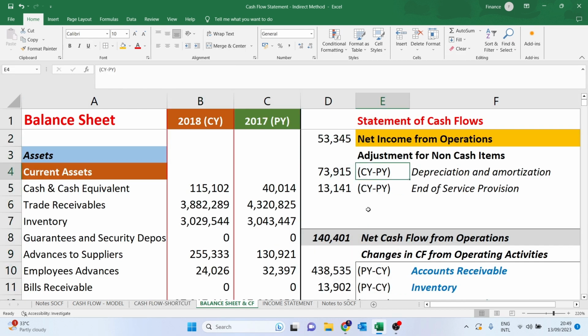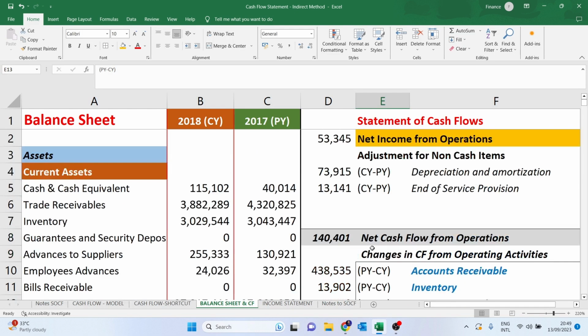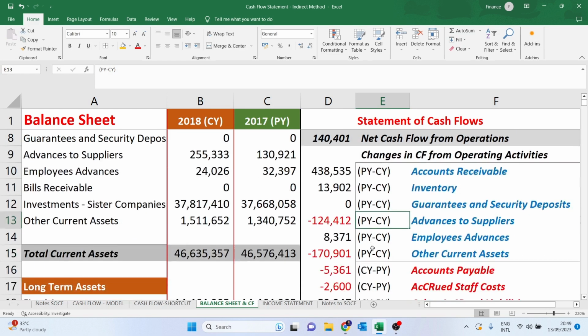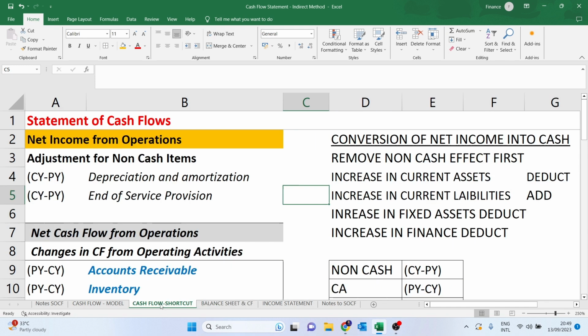CY minus PY: current year minus previous year. Whenever you prepare a statement of cash flow, you can apply this equation. It will work. So let me show you how it works.